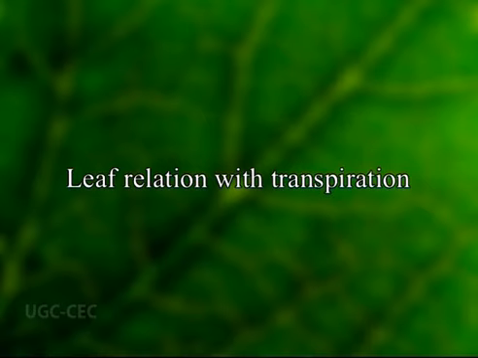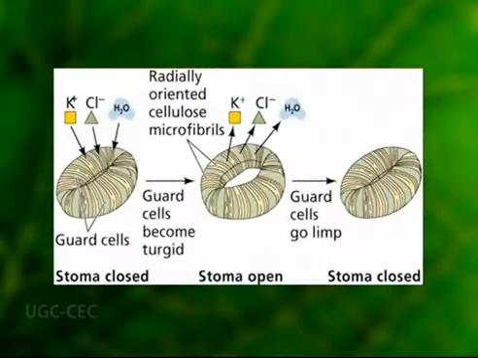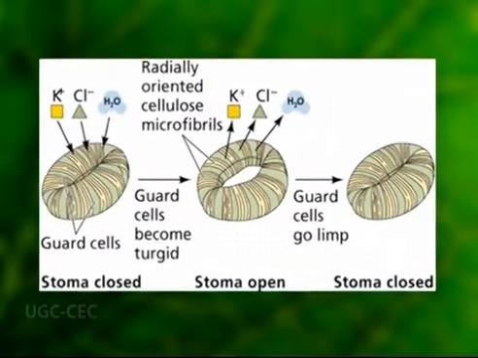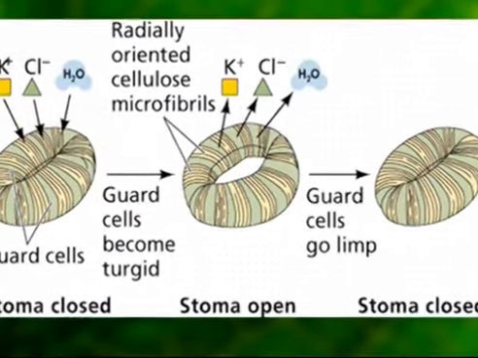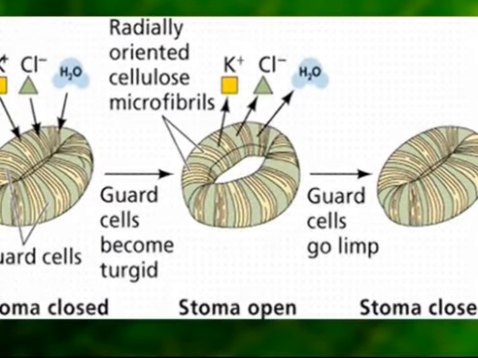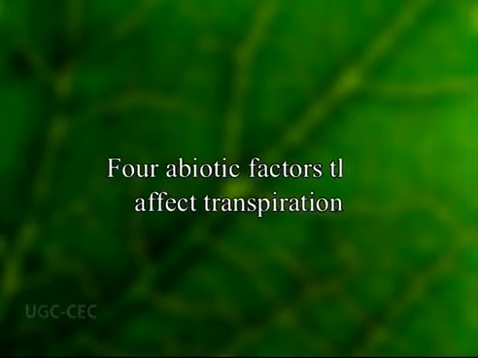Now, the leaf has a definite relationship with transpiration. Besides the opening and closing of stomata, there are a number of external factors that affect the transpiration rate. External variables are known as abiotic factors. There are 4 abiotic factors that affect transpiration.